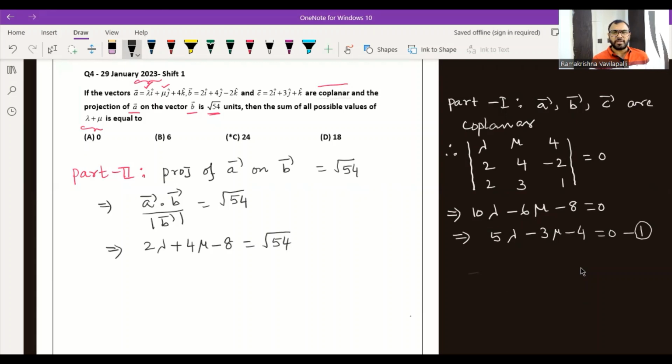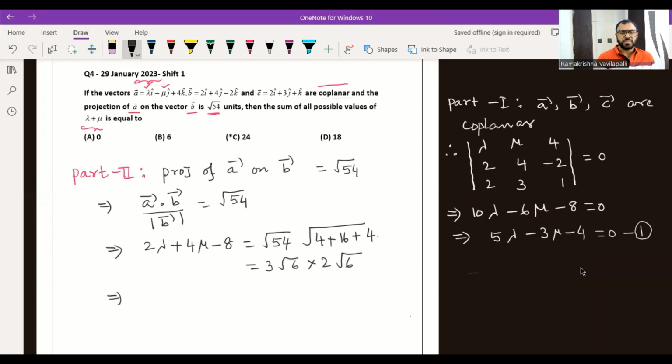Mod B bar is nothing but root over 4 plus 16 plus 4. So by simplifying this, you see root over 54 means 9 into 6, so 3 root 6. This is root 24, means 6 into 4, 2 root 6.